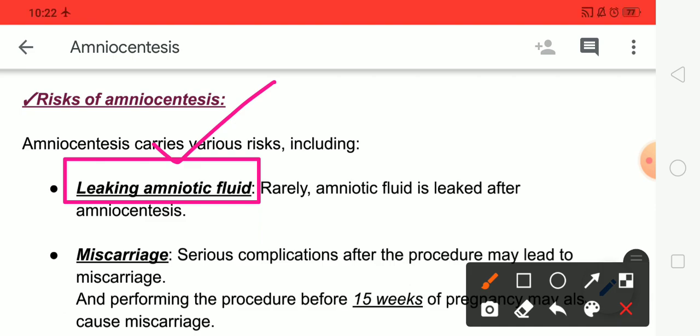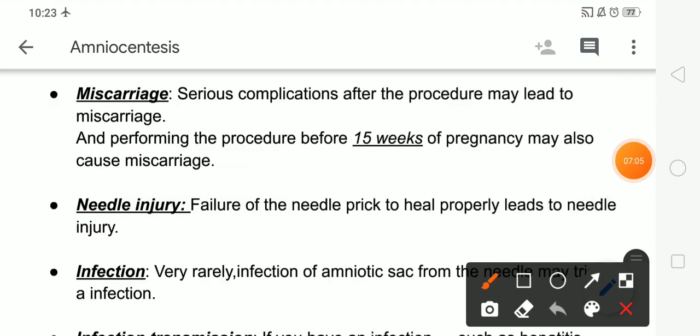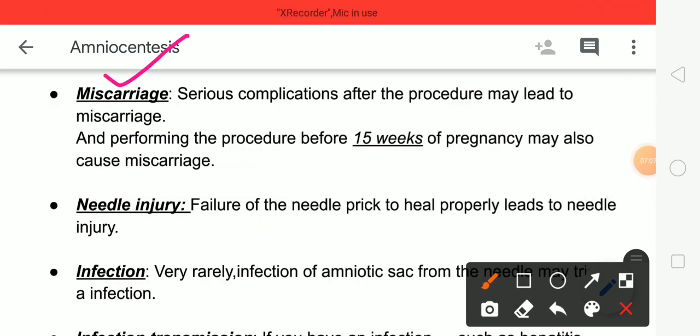However, in most cases the fluid will be lost in a small amount and stops within a week, and the pregnancy is likely to continue normally. The second one is miscarriage. Serious complications after amniocentesis may lead to miscarriage, and performing the procedure before 15 weeks of pregnancy, that means early amniocentesis, may also cause miscarriage.